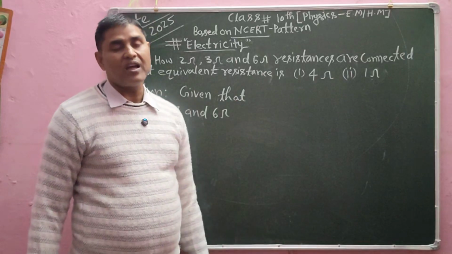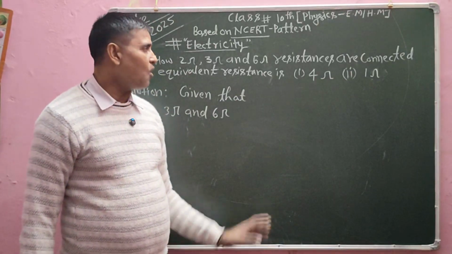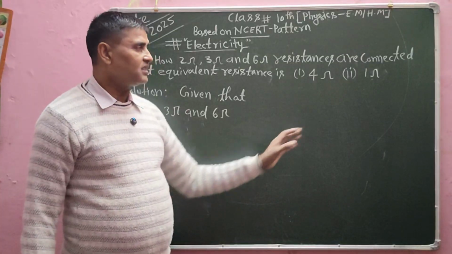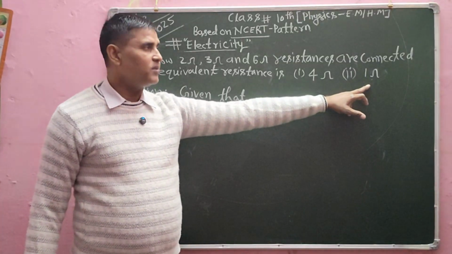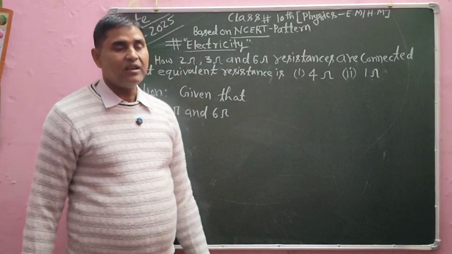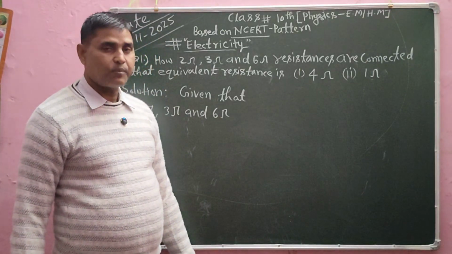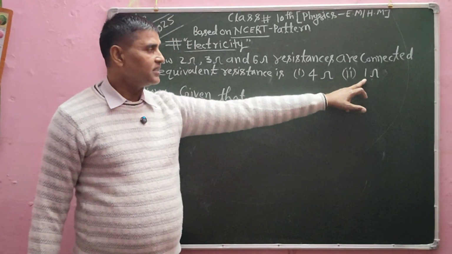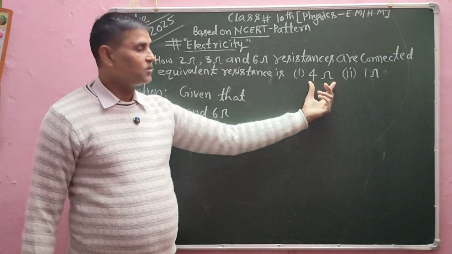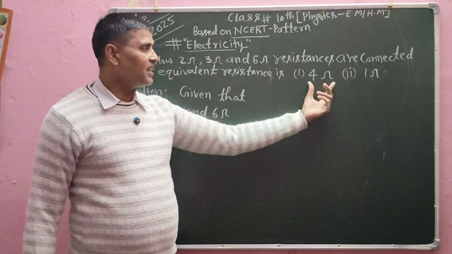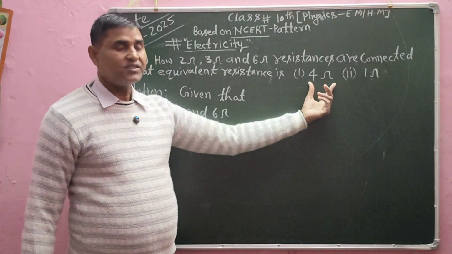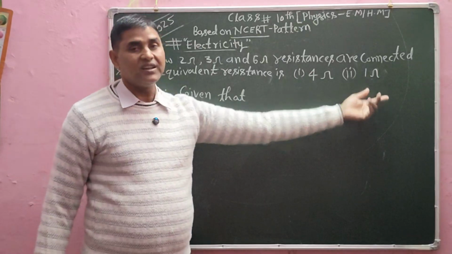Then I will arrange all these resistances to get the equivalent resistance of 1 ohm in that circuit. That is, I will make the proper arrangement of the circuit, and then I will get the resultant resistance of 4 ohm, and similarly 1 ohm.